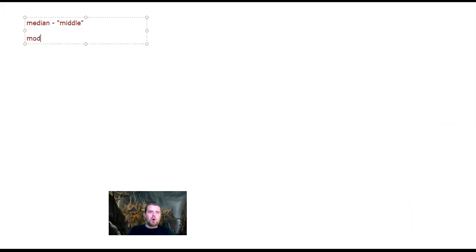Okay. Your mode, most frequently occurring. And mean is what we typically think of as the average. Mean is the one that actually requires a little bit of arithmetic. To find the mean average, we need to add the numbers, okay, and divide by how many there are.